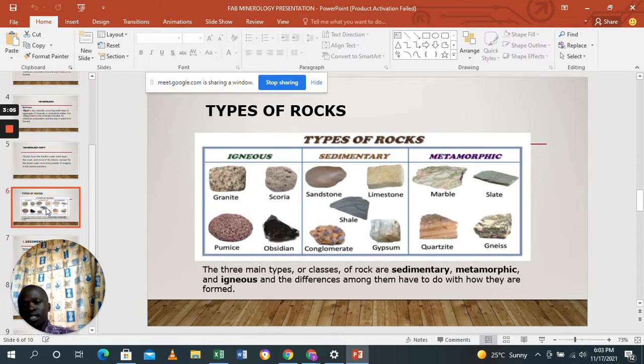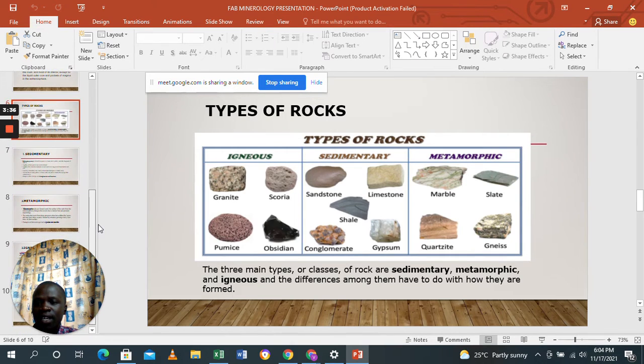From the image on your screen, you can see I've categorized those types of rocks into igneous, sedimentary, and metamorphic. We will discuss each type of rock, compare the differences, and see how they look in appearance and how they are formed.